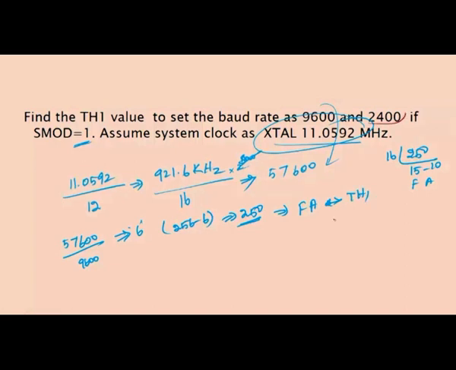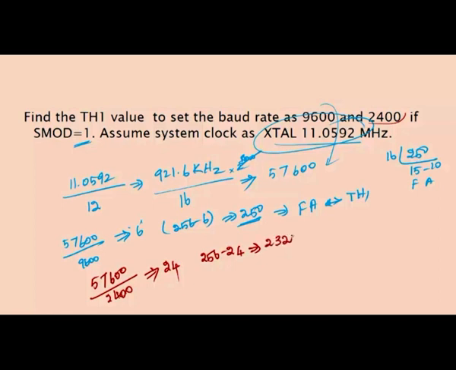Now, we have to find the hexa equivalent for 2400. For that, we have already calculated 57,600 divided by your required value 2400. After dividing that you get the value 24. So, 256 minus 24 you have to do, and you get the value 232.